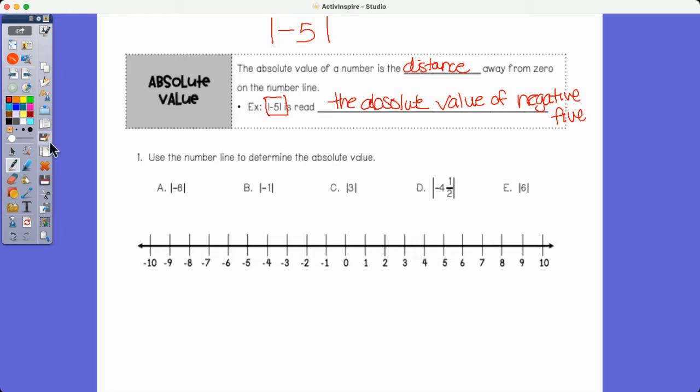These are types of grouping symbols, like parentheses. When we learn order of operations, which we're not there yet, we need to remember that these are a type of grouping symbol. So they're called absolute value.